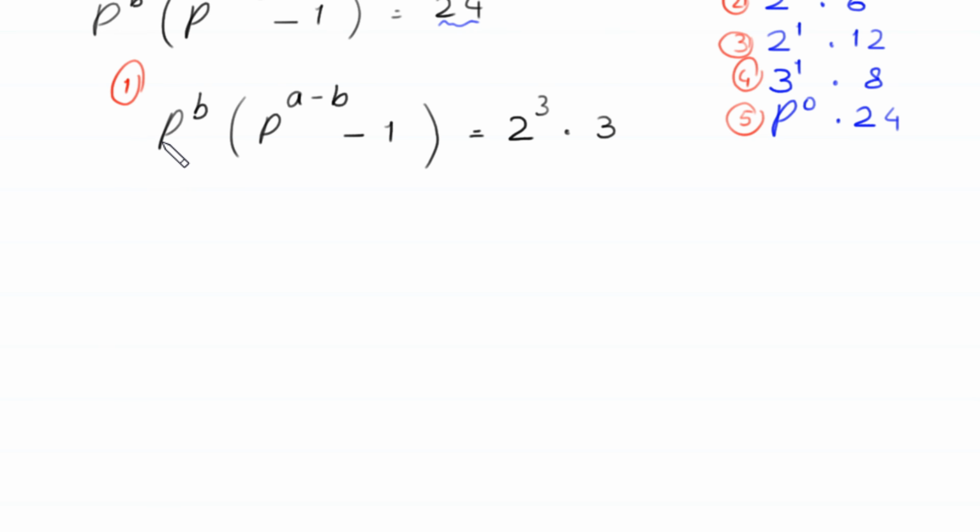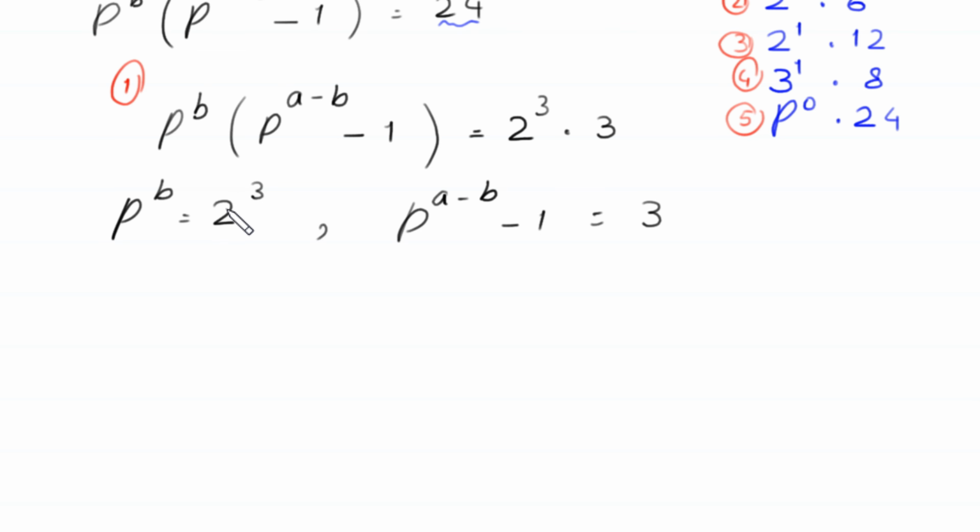Now we write this p to the power b equal to this 2 cubed. p to the power b is equal to 2 cubed. We write this p to the power a minus b minus 1 equal to this 3. p to the power a minus b minus 1 is equal to 3.